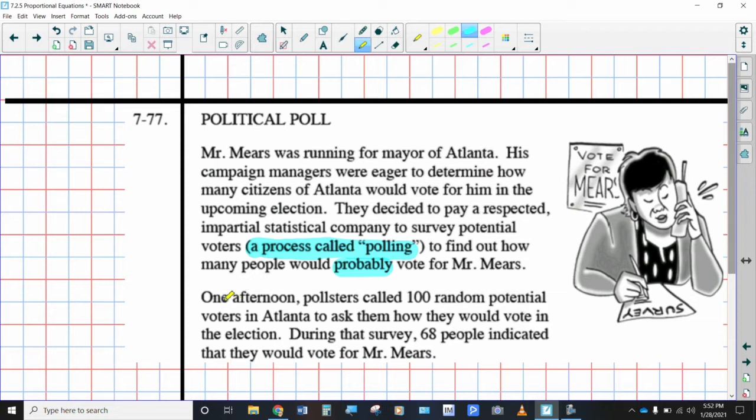Okay, so one afternoon, pollsters called 100 random potential voters in Atlanta to ask them how they would vote. And during that survey, 68 out of the 100 people indicated that they would indeed vote for Mr. Mears. So it's like 68% of the people are saying that they would vote for Mears for mayor.